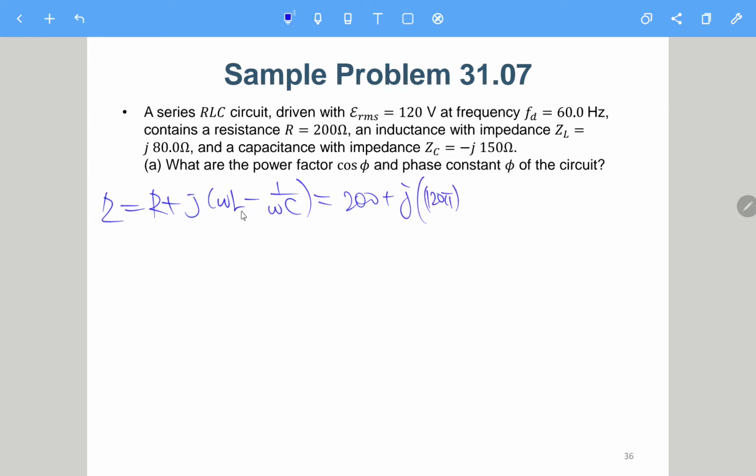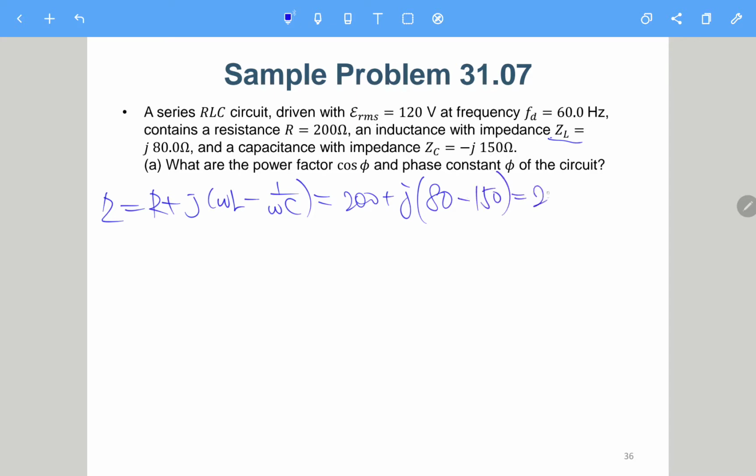Actually, this is already Z_L, which means this 80 is omega L. And for Z_C, it is negative j over omega C, so this 1 over omega C is negative 150.